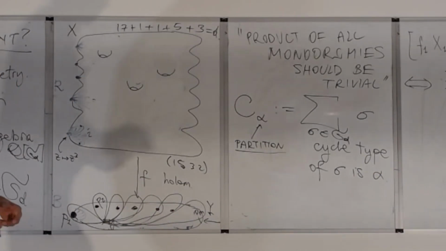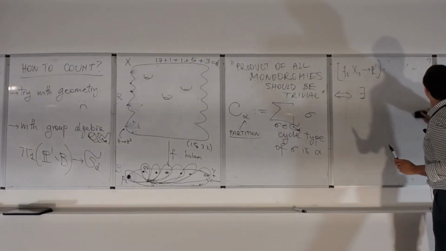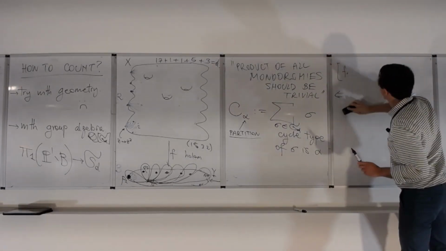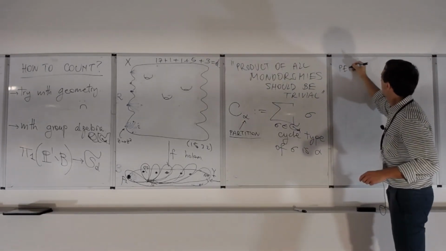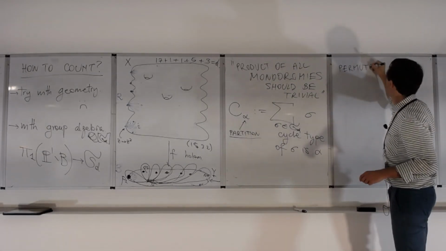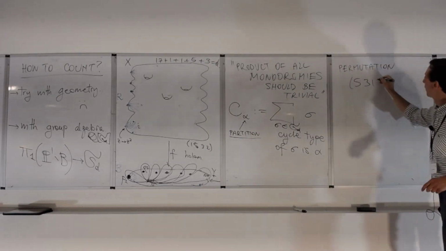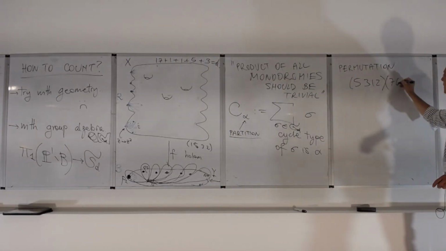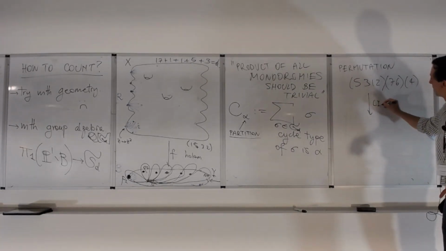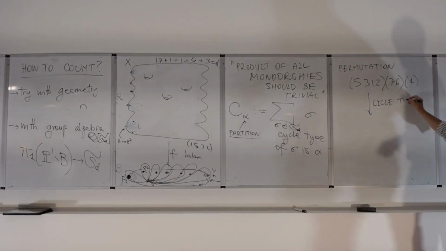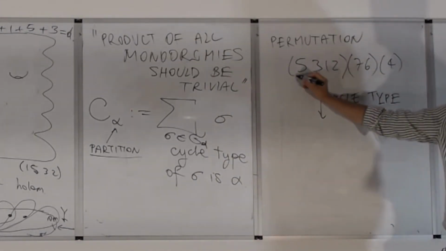So what do I mean? Let me recall what I mean by cycle type. If you take a permutation that is 5, 3, 1, 2, 7, 6, and 4, then the cycle type is the partition that is given by the lengths of the cycles.